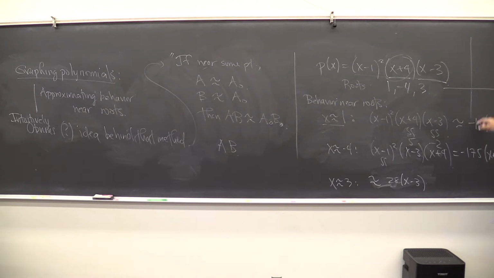You'd say, okay, we've got roots at 1, -4, and 3, and near -4 this is going to look like -175 times x plus 4, so it's very steeply sloped downwards.